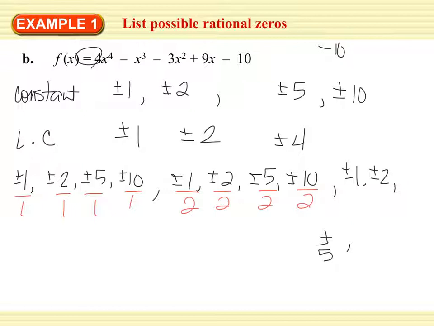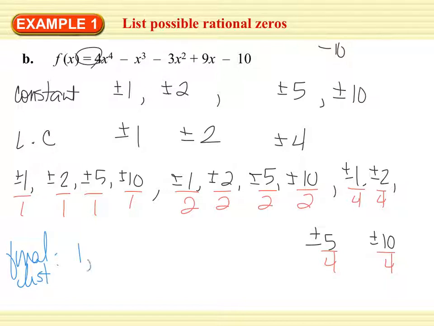I'm mad because I ran out of space. We're going to put that over the same thing, or 4. Now some of these are duplicates, so I can write my final list.